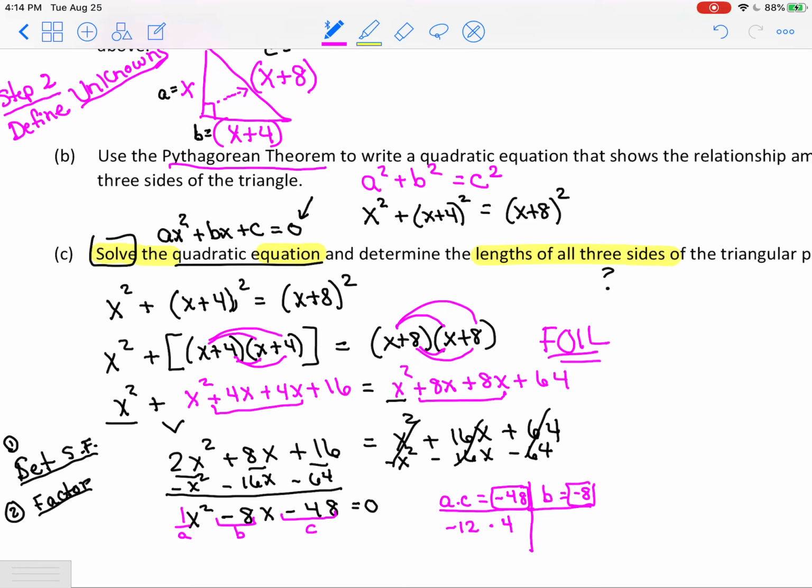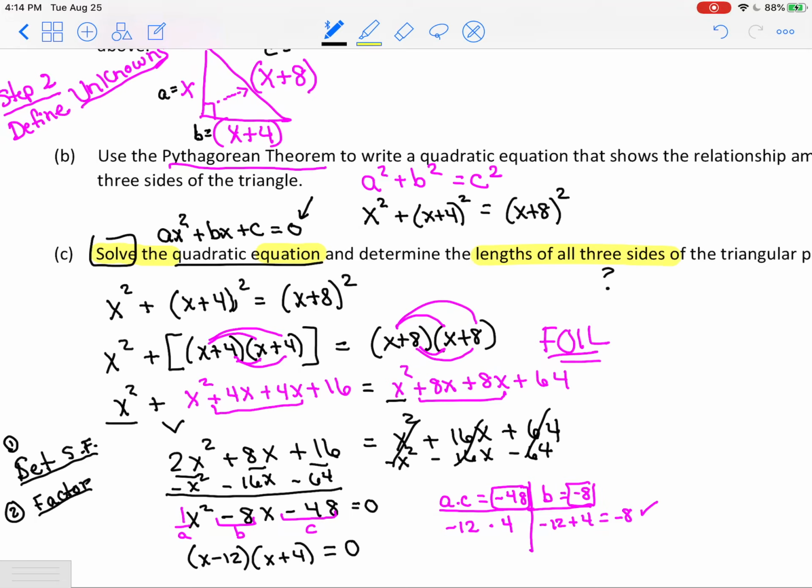When I multiply that together, that's negative 48, and negative 12 plus 4 is going to give me a negative 8 as the sum. So that is what I'm looking for. So I'm just going to bring these over here. This is going to give me an x minus 12 times an x plus 4 equals 0.